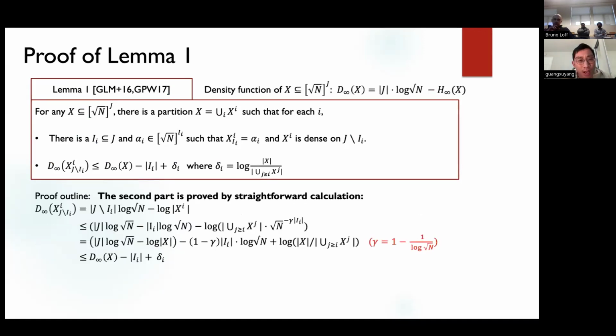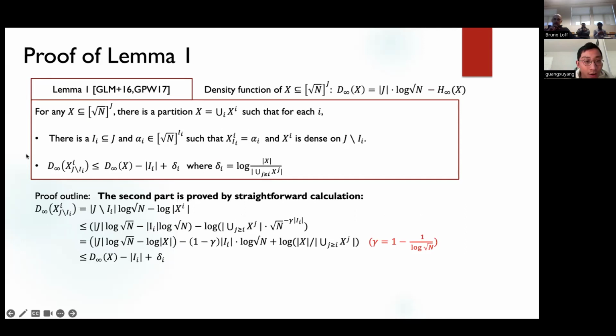So let's turn to the second part. The second part is just straightforward calculation. First I can explain what it means. This is Xi, a subset of X, and the index means that we just choose the unfixed part, since the fixed part doesn't have any uniformity, it is fixed.